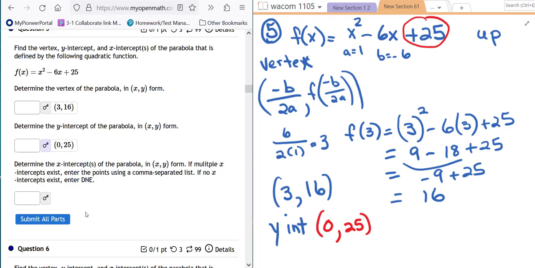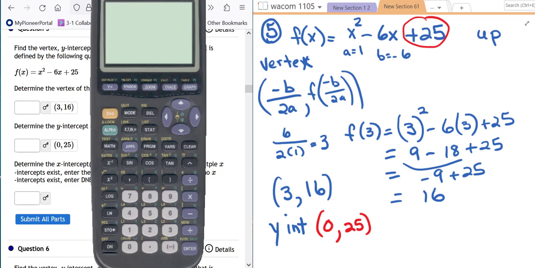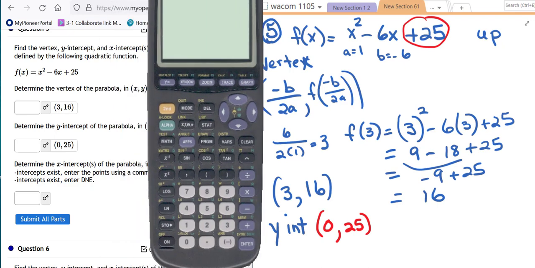For our x-intercepts, we will go through the calculator route and see how it looks. To clear that one out, we have x squared minus 6x plus 25, and I'll say graph.